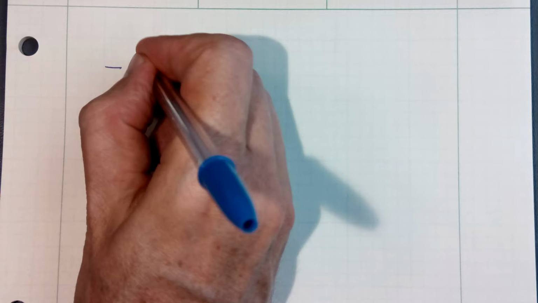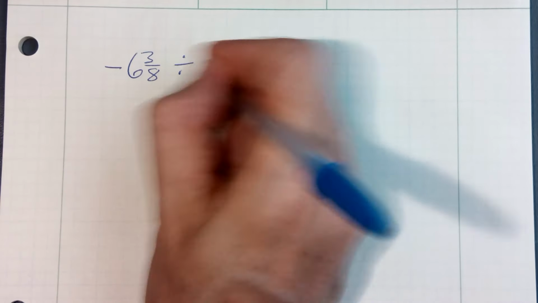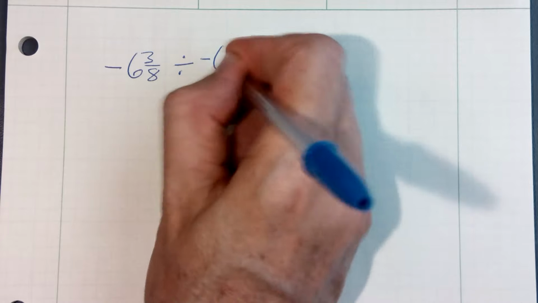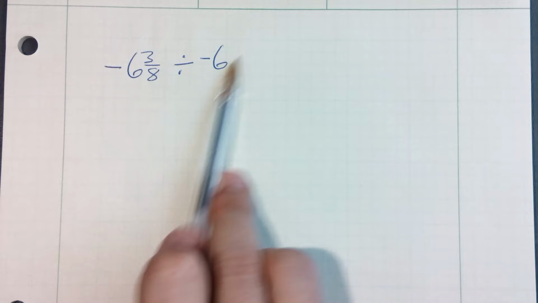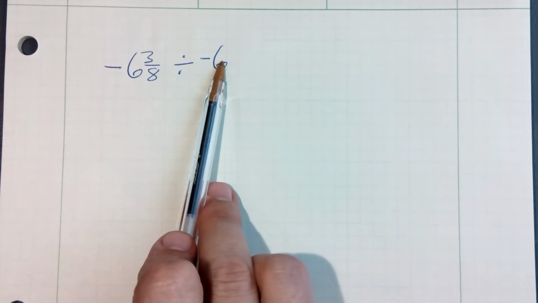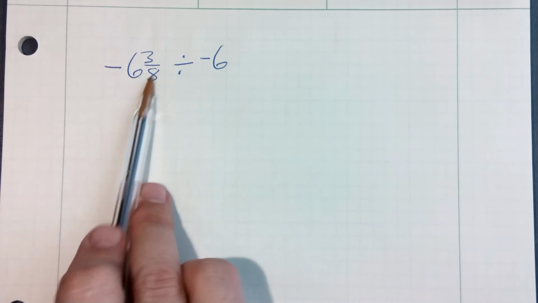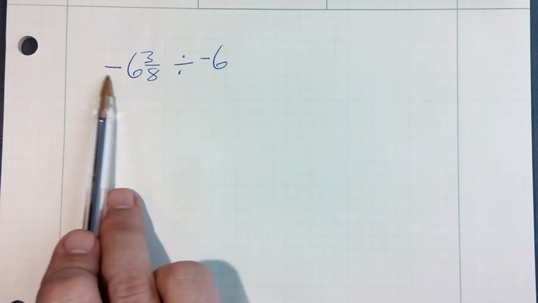So again, if I give you a negative 6 3/8 divided by a negative 6, and that's just a negative 6, that's all right. Even though you don't see any fraction part, we're going to convert it to a fraction. But let's first move to here. So again, I ignore this minus sign for a minute.